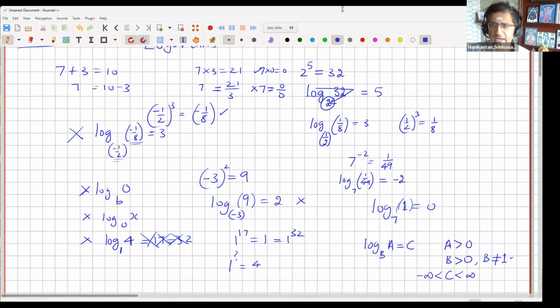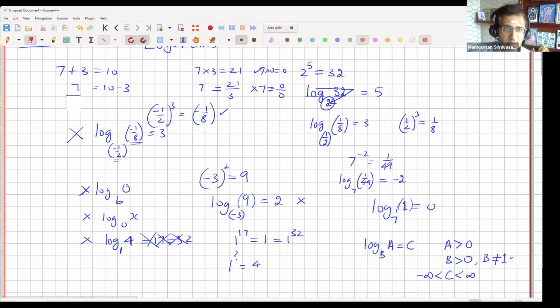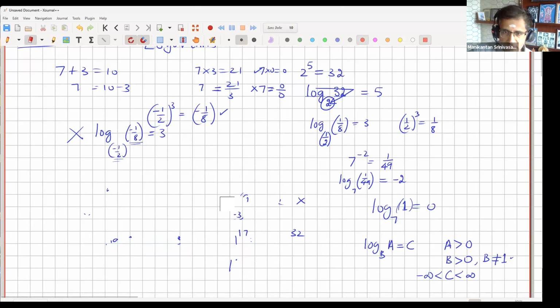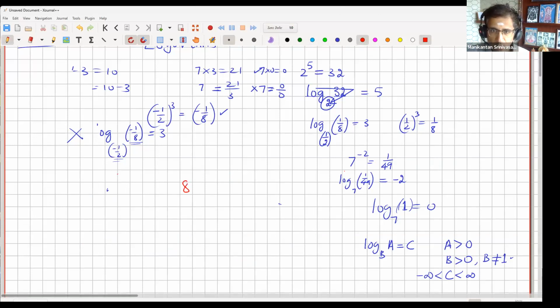It can also be a fraction. So let me just break the monotony by changing colors here. Okay, it can also be a fraction. We know 8 power 1/3 is 2. So if I have to write it as the logarithm, then log 2 to the base 8 is 1/3. And it can be a combination of negative and a fraction, right?